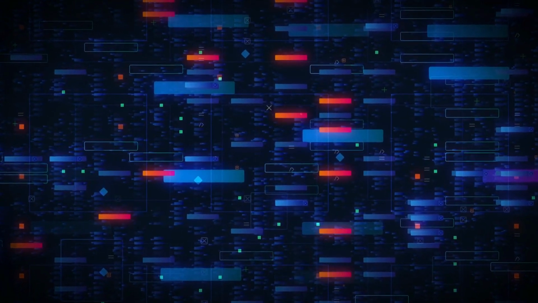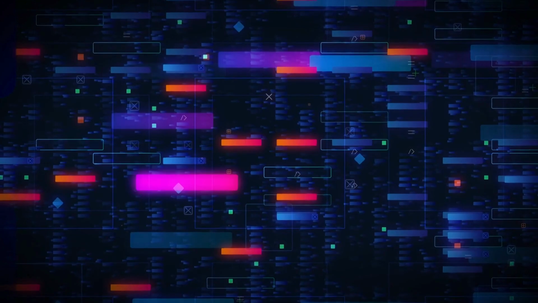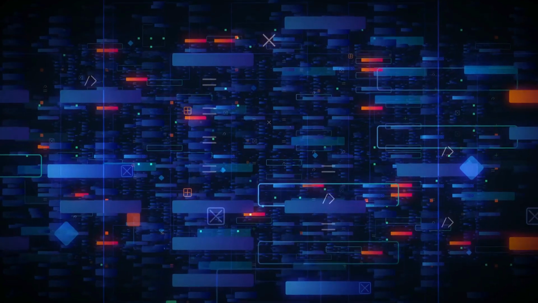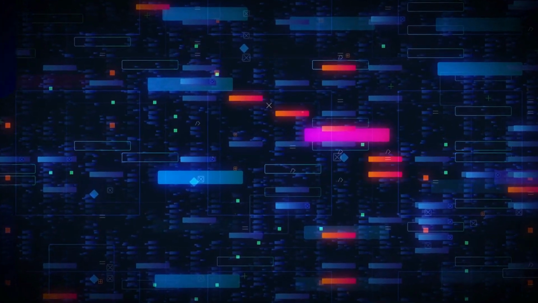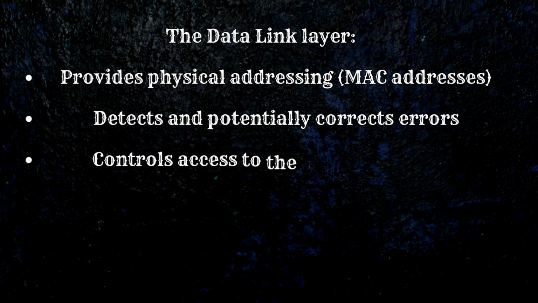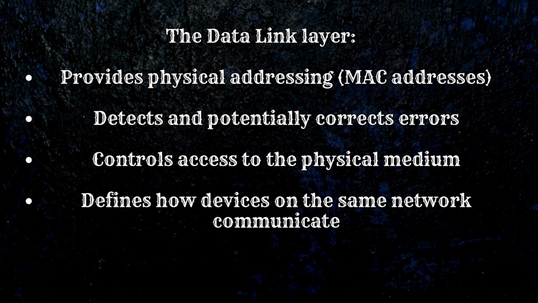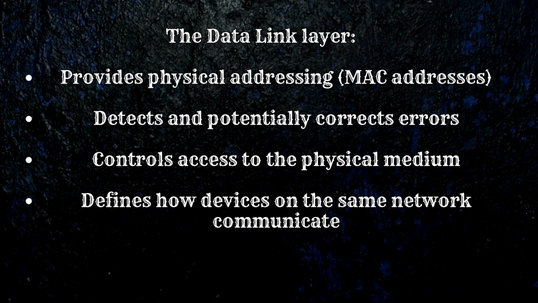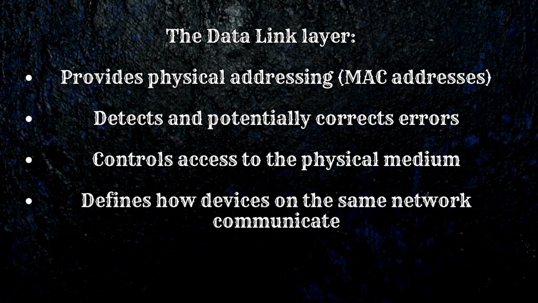Next up is Layer 2, the data link layer. This layer handles node-to-node communication within a single network and is responsible for detecting and potentially correcting errors that may occur at the physical layer. The data link layer provides physical addressing, MAC addresses, detects and potentially corrects errors, controls access to the physical medium, defines how devices on the same network communicate.